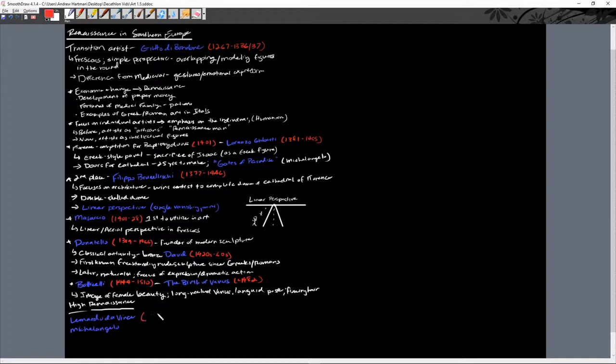Leonardo da Vinci lives from 1452 to 1519. Which makes me think Botticelli should probably be considered part of this generation as well, but maybe not. And then Michelangelo from 1475 to 1564. He lives a very long life. And these two are the model for the term Renaissance man.